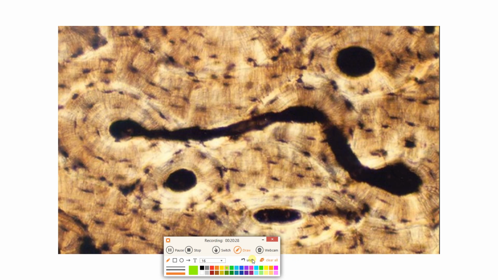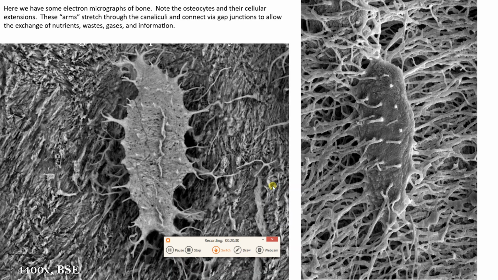And now what we want to do is zoom in on some osteocytes. Like you saw them on the model, but look at this thing here. Look how many canaliculi it has coming out of it. This is crazy, right? I mean, look how many little arms and legs it's got coming out of it. They would be in canaliculi.